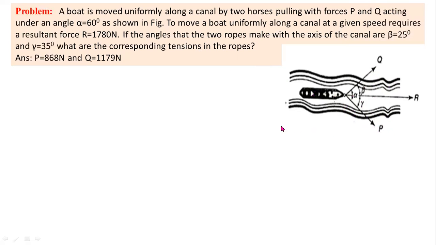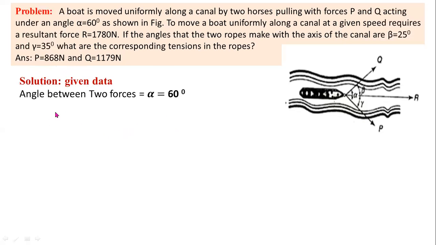From the parallelogram law of forces, here the angle between the two forces is alpha equal to 60 degrees, and theta is the direction of the resultant. The angle between the resultant and force P is gamma, equal to 35 degrees, which is given.